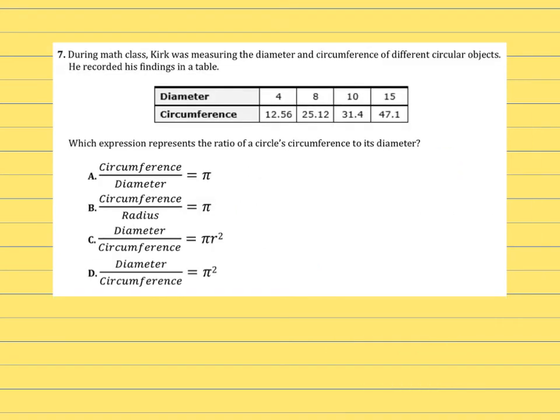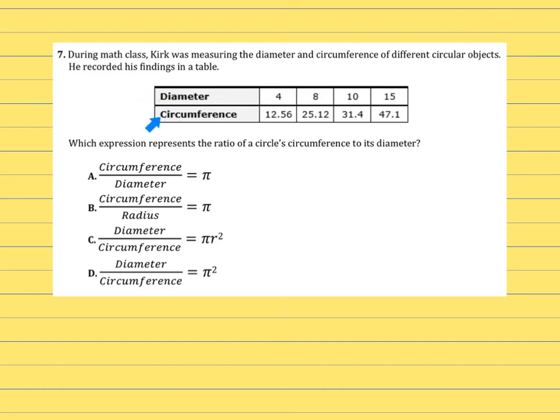Number 7. During math class, Kirk was measuring the diameter and the circumference of different circular objects. He recorded his findings in this table. Which expression represents the ratio of a circle's circumference to its diameter? So the way these two things are related, the circumference is approximately, not exactly, but approximately 3 times bigger every go.